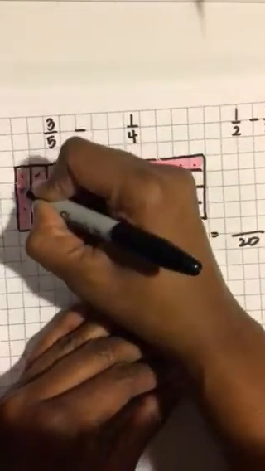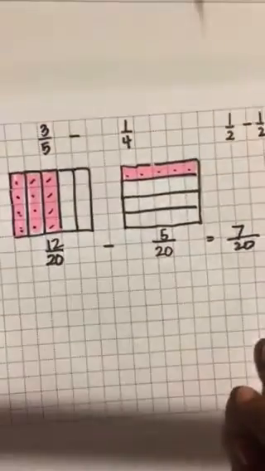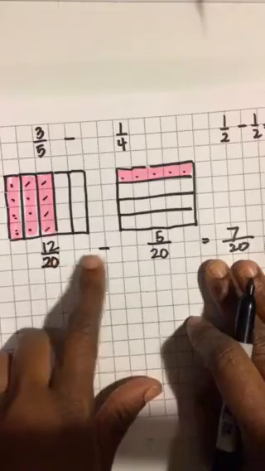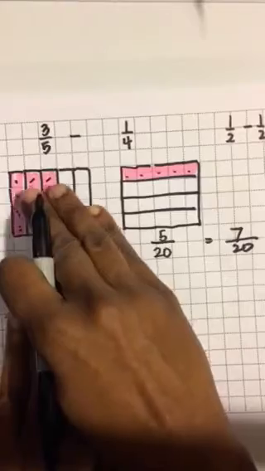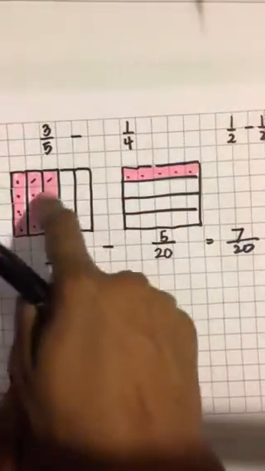That leaves me 1, 2, 3, 4, 5, 6, 7 20ths. So 2 ways you could do it. You could simply subtract 12/20 minus 5/20 gives me 7/20, or you could actually use your model. Don't take away your subtrahend. Okay, you're taking your subtrahend away from your minuend.